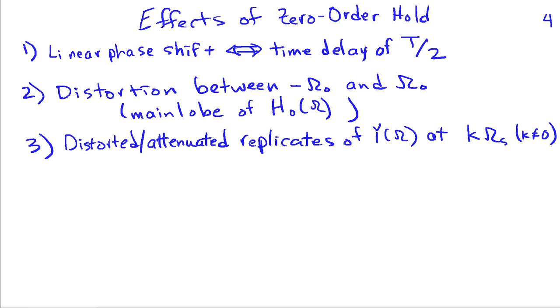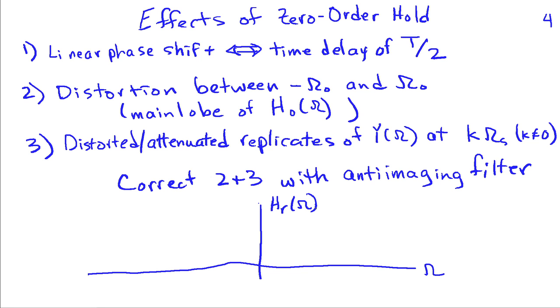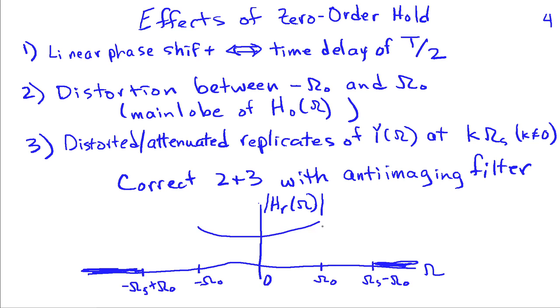And what we're going to do is use something called an anti-imaging filter. We'll call this filter HR of omega. And to correct the effects of 2 and 3, what the magnitude of this filter has to satisfy is something like the following set of constraints. So in the passband, we have to undo the curvature that was introduced by the sinc function, and then we want to get rid of those replicates of the spectrum that are at higher frequencies.